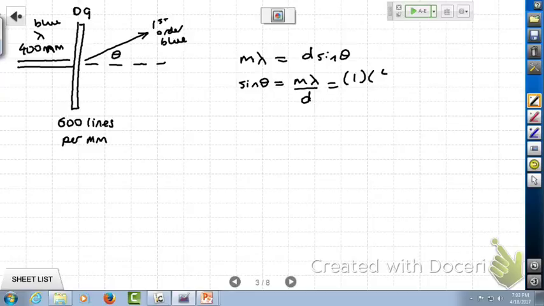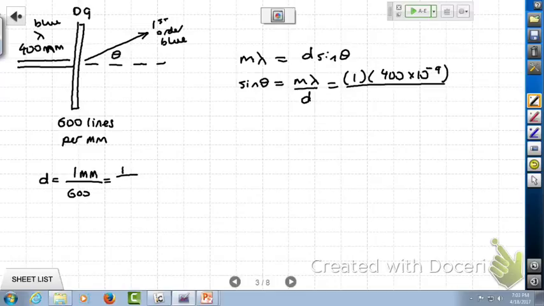And my lambda is 400 times 10 to the minus 9, because it's in nanometers, over d. I've got to work out what my d is. D is equal to 1 millimeter divided by 600, which equals 1 over 600 times 10 to the minus 3 meters.